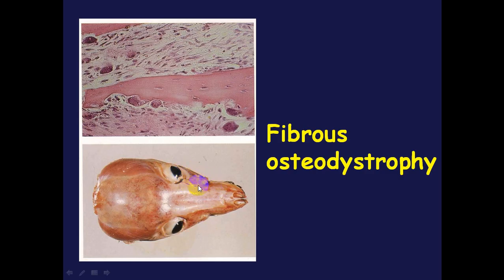Bones here in the upper jaw, in the maxilla, are filled with fibrous tissue. It makes the part here swollen, and then it has an irregular surface due to formation of fibrous material.